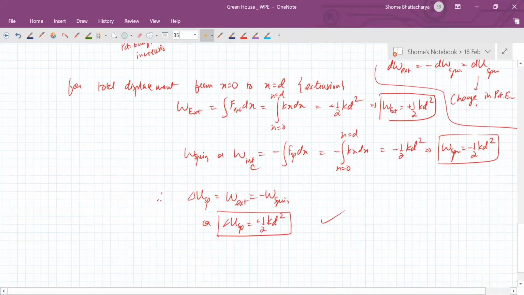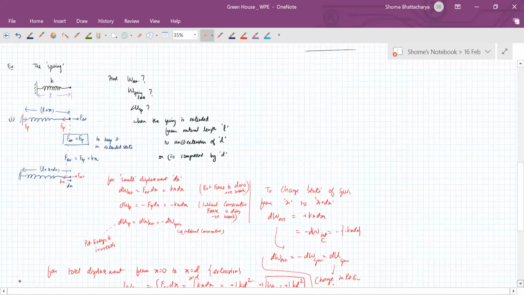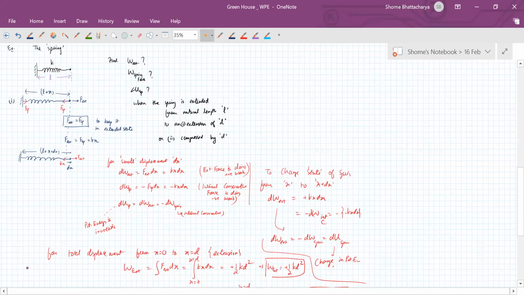And then we will discuss the second part of the question, where we'll calculate the same things for a compression instead of an extension.